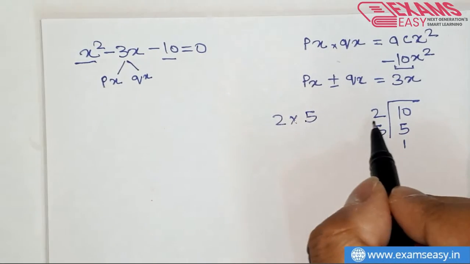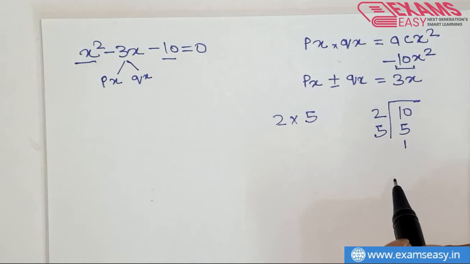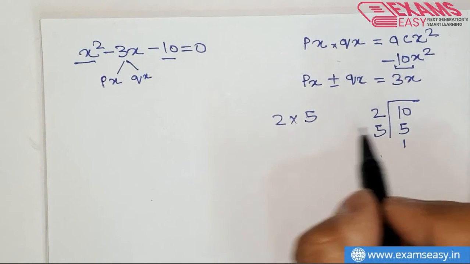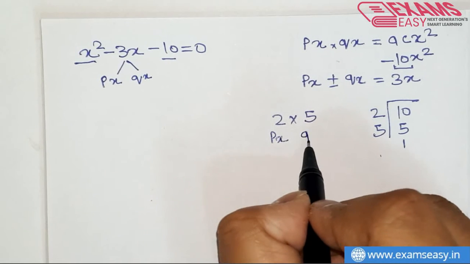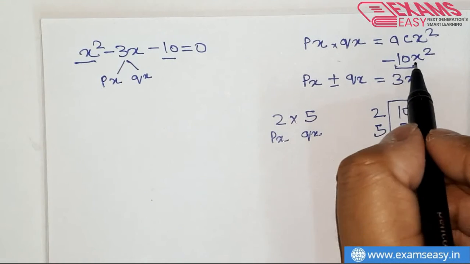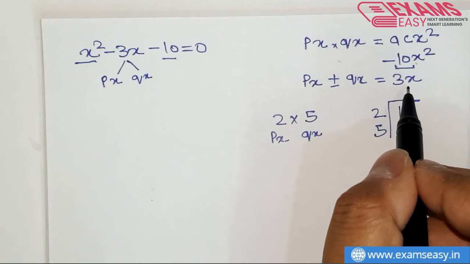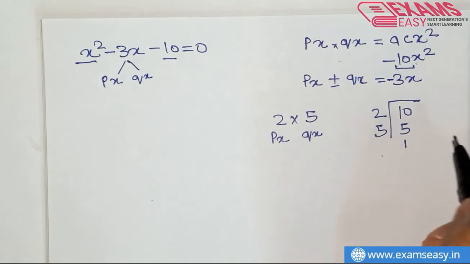In some cases, we get some more factors. So out of those factors, we have to find 2 digits in such a way that the product of those 2 digits, that is px and qx, should give us minus 10x square, and their sum or subtraction gives us 3x. So here minus 3x is there, so it should give us minus 3x.